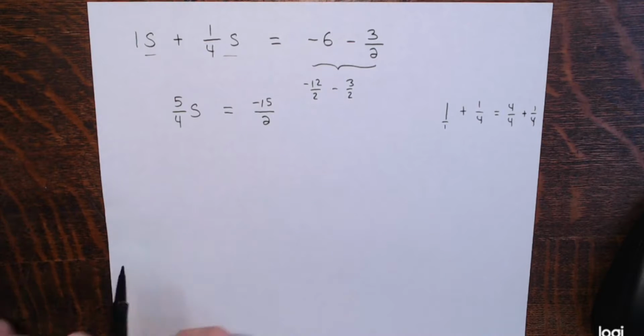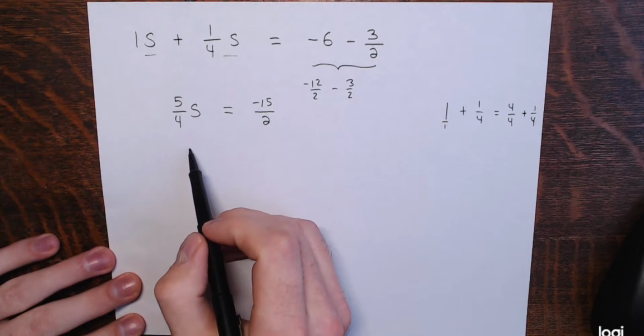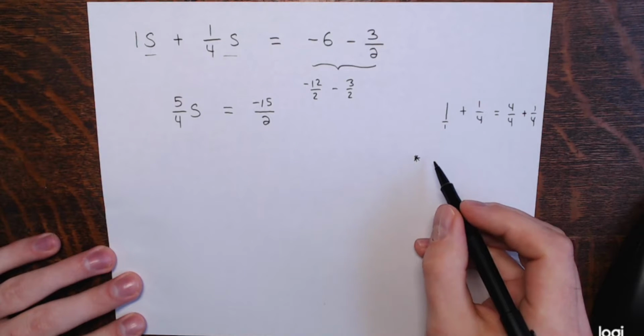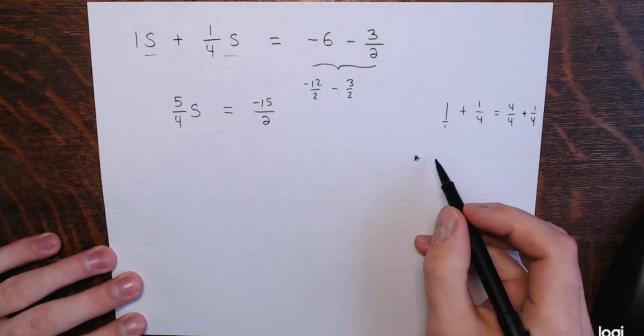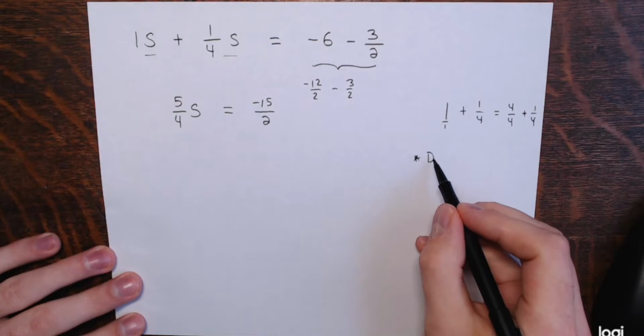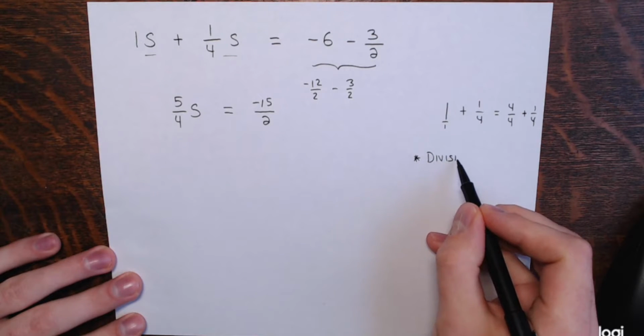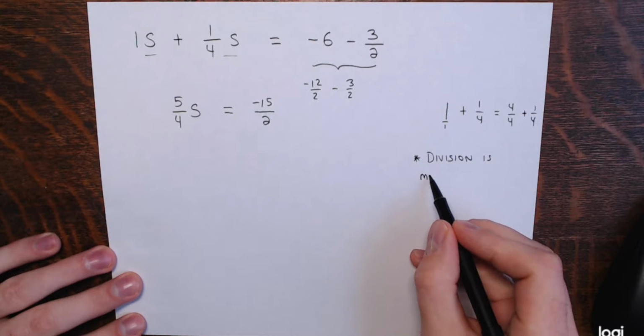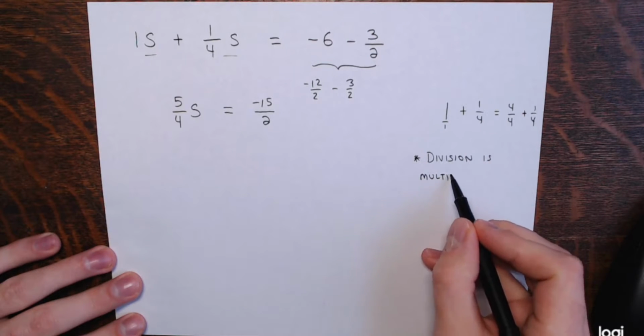And now you can divide by 5/4, but you might remember this from an earlier lesson or an earlier point in your mathematical career. Remember division? Division is just multiplication by the reciprocal.